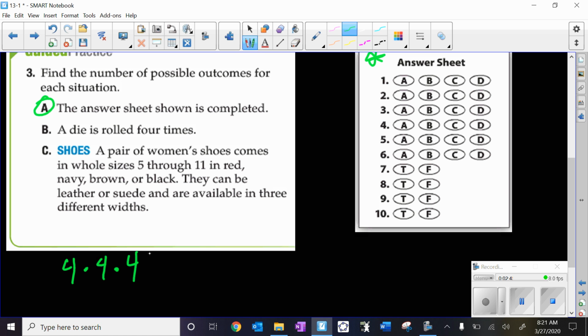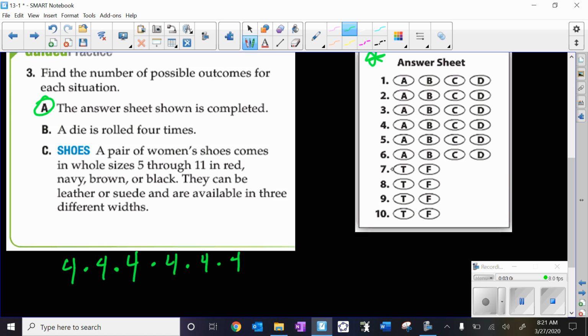There it goes, times another 4, so that's question 3. Question 4, 5, and 6 also have 4 options, so I'm going to do a total of 3 more. So those 4s represent questions 1 through 6.